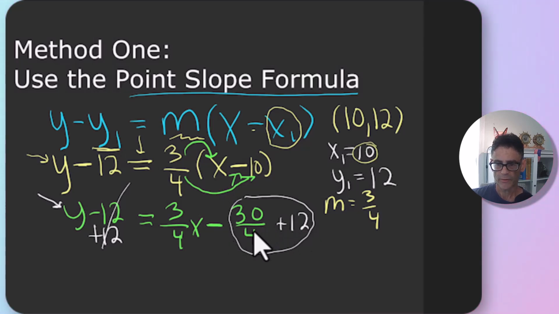We have to be careful here because it says minus 30/4. That means that's going to be a negative number. Also, notice how 30/4 is actually 7.5. This is something to point out when you're dealing with these line equations.